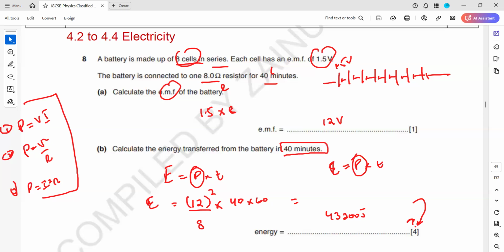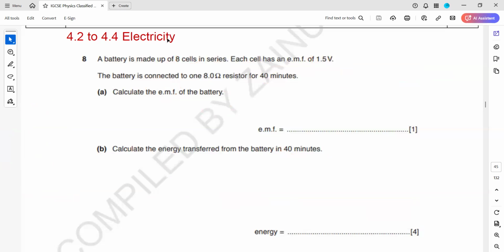If you couldn't understand the question or solve it, the question is asking me to find energy, and I know the equation of energy. Whenever you write a formula, you score 1 mark. So it's important that you write a formula for power, then the substitution. We use energy is power multiplied by time, but for power we need voltage squared over R. Using this formula is 1 mark.